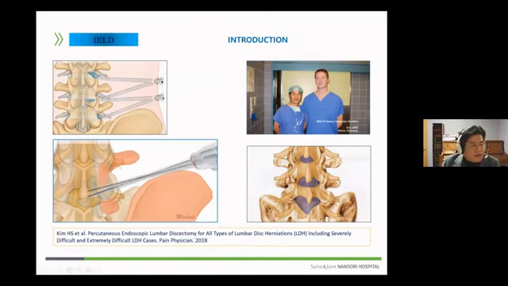But in L5S1, the transforaminal approach has many limitations in accessing the target point.